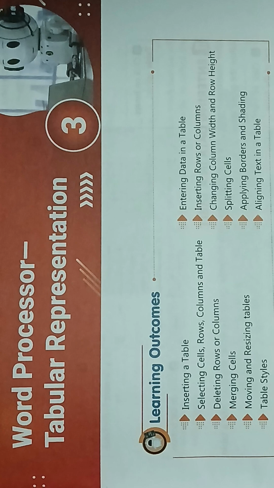Combining two or more cells into a single cell is called merging. The auto-fit option offers flexibility to automatically resize the column width based on different criteria. Alignment of a table refers to the positioning of a table on a page. Text alignment refers to the positioning of text in the cells of a table.